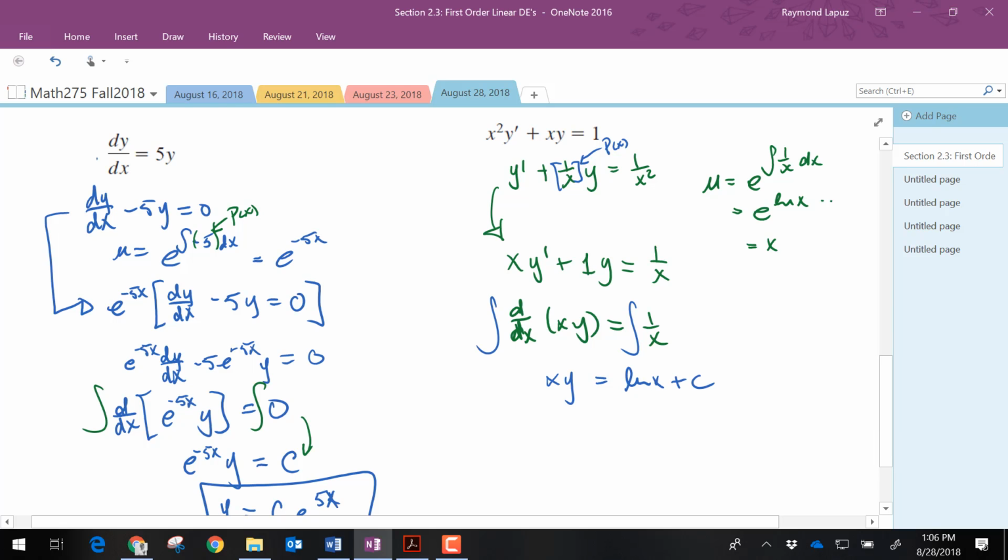Now we put a plus c. And the plus c, if you would have put a plus c up here, you would also get the plus c down there. Yeah, you should.